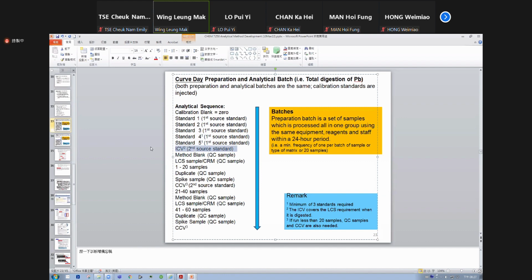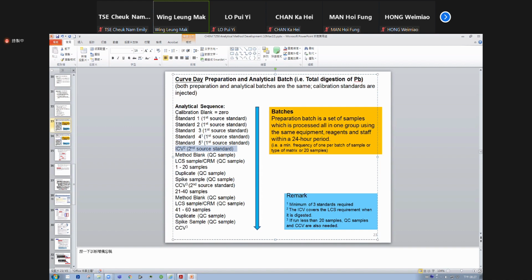And then you inject the ICV. Still remember, the ICV is the injection of the middle concentration of the calibration curve. Normally you prepare it from a second source standard.